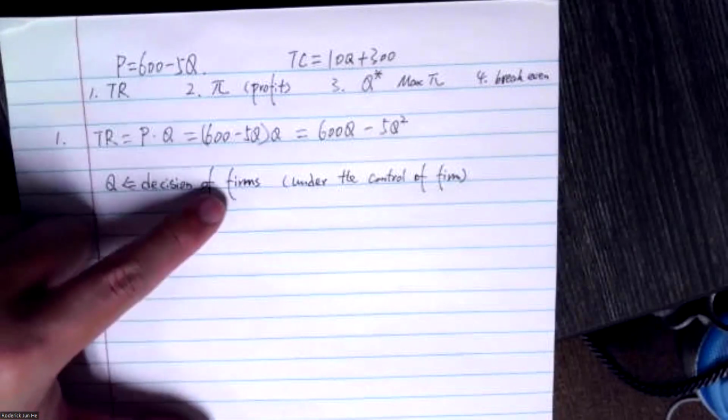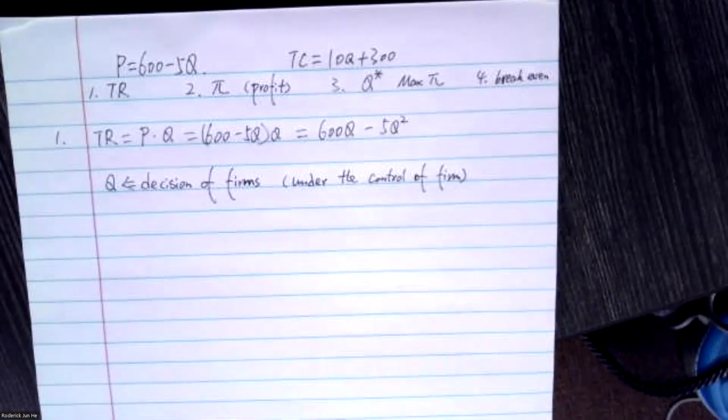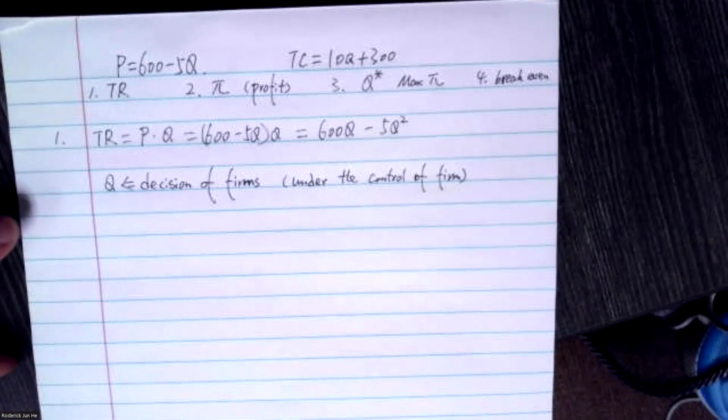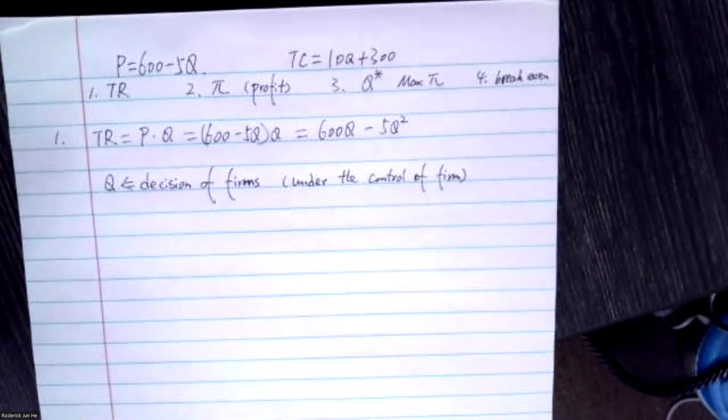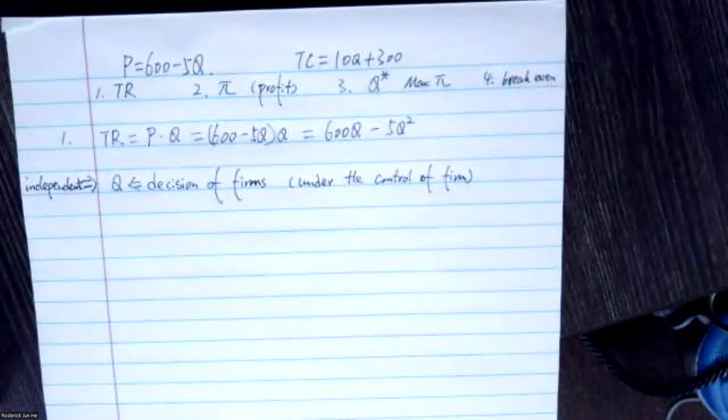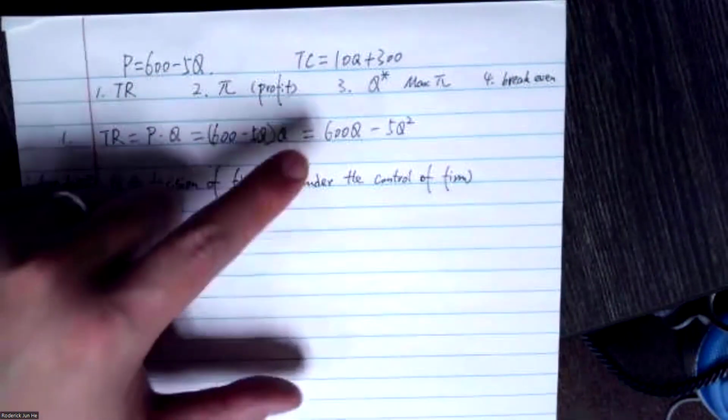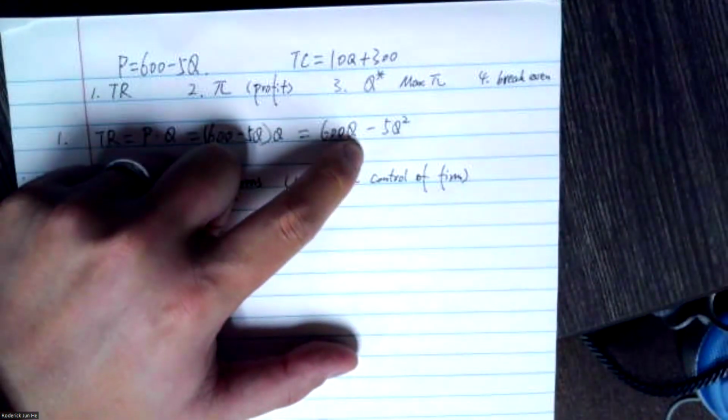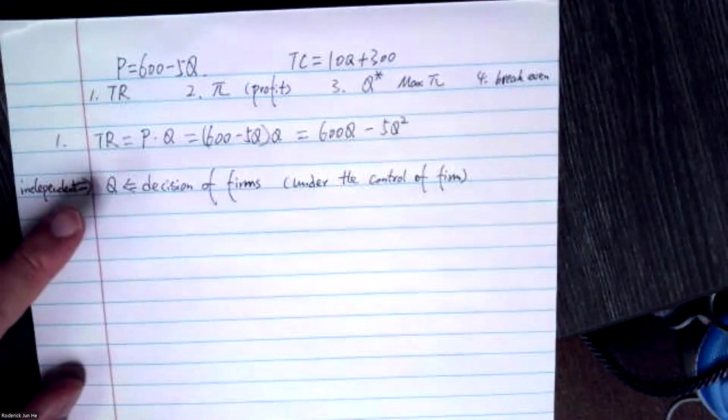So the firm's decision is on Q. And why does this matter? Since the firm's decision is on Q, we need to have Q as the independent variable, because total revenue then is dependent on how much the firm decides to produce, right? So we are expressing total revenue as a function of Q.